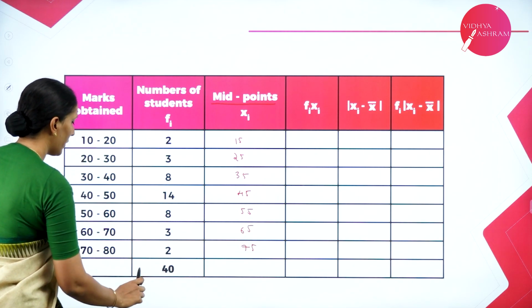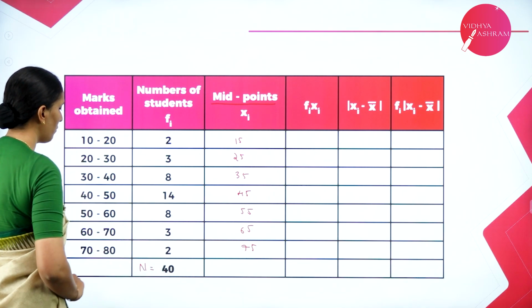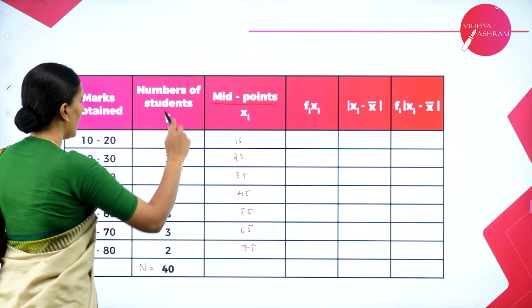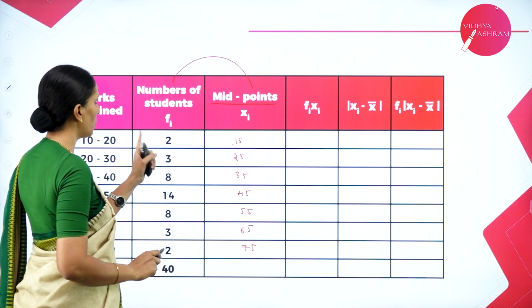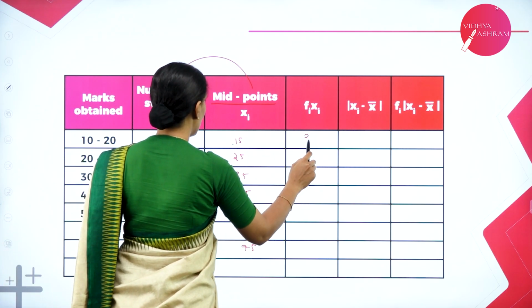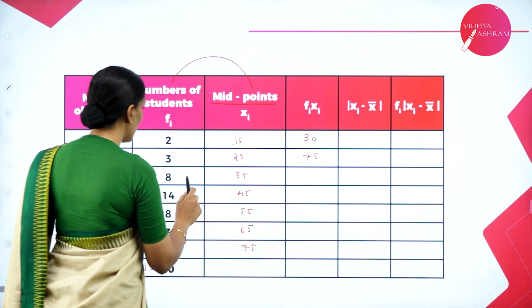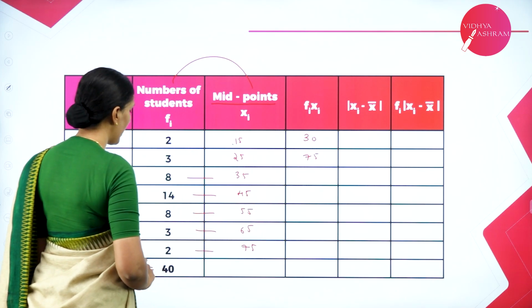Here I have already calculated the total value, n is equal to 40, and hence I have written 40 here. Now we need to take the xi, then multiply fi into xi, that is 15 into 2 or 2 into 15, that is 30. 3 into 25, 75. Similarly, you need to multiply these terms to get the fi xi column.